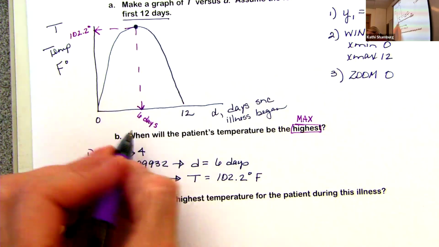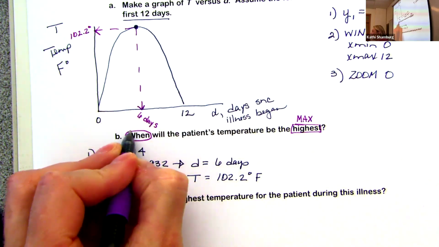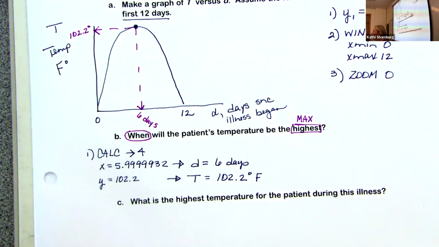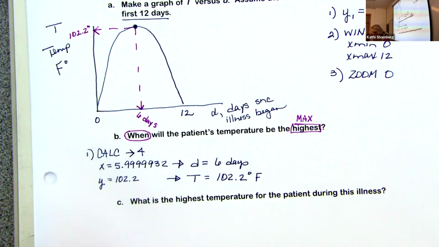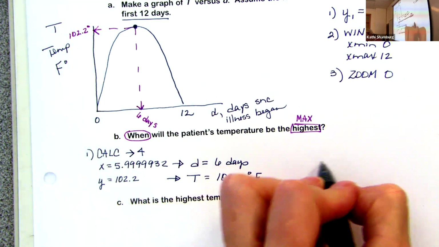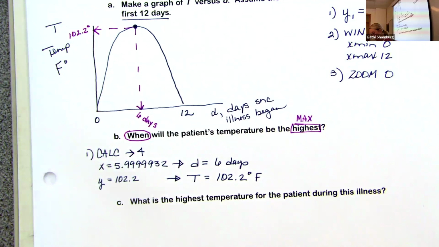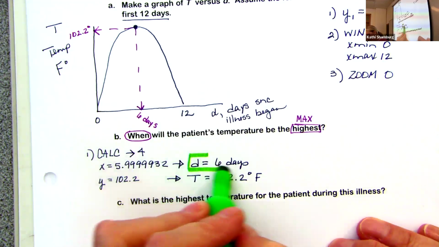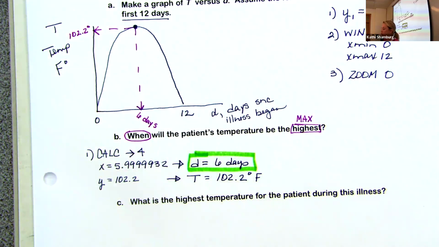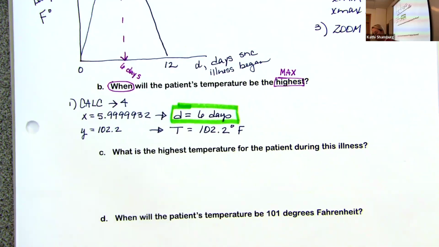When is typically asking for the variable. When, at 6 days. So for this one, this is the answer it's asking. What's the word that it would use if it was asking for the temperature?